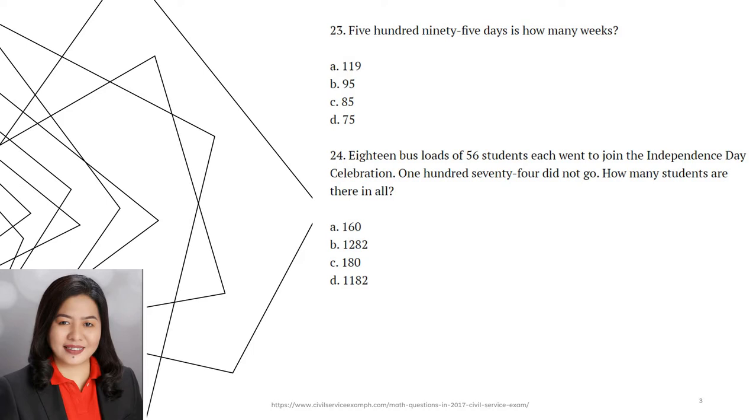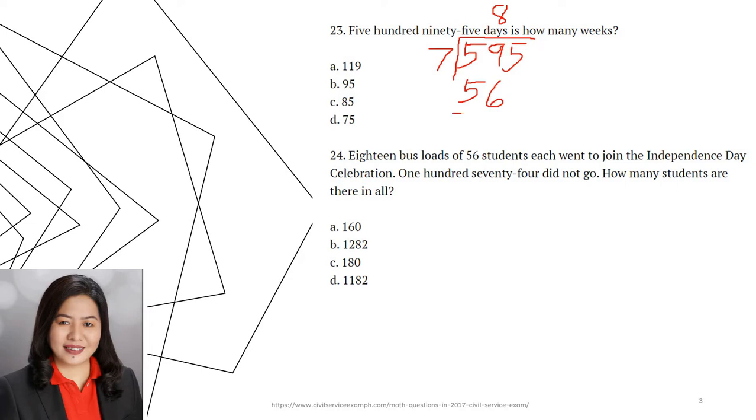595 days is how many weeks? This is the opposite of the previous number. We know earlier that 1 week is 7 days, so we need to divide by 7. We divide 59 by 7, will that be 8? 8 times 7 is 56.